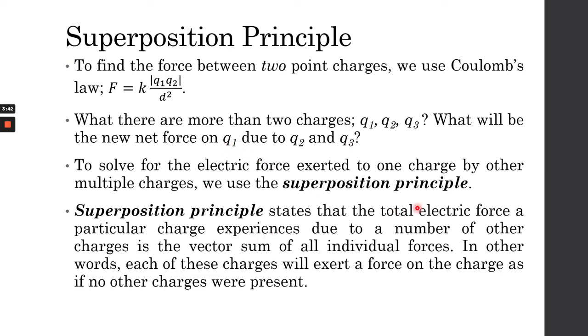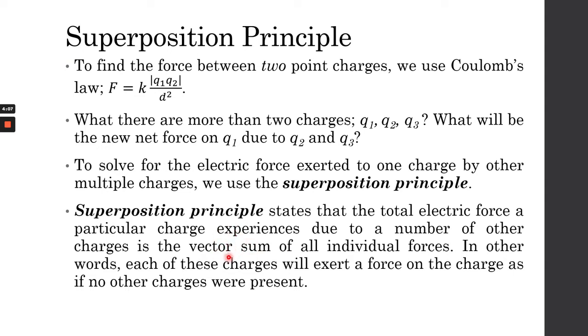We can measure the total electric force that Q1 experiences because of the presence of Q2 and Q3 by simply measuring the force that Q2 exerts on Q1, measuring the force that Q3 exerts on Q1, and then adding those. Later we're going to discuss what we mean by vector sum.